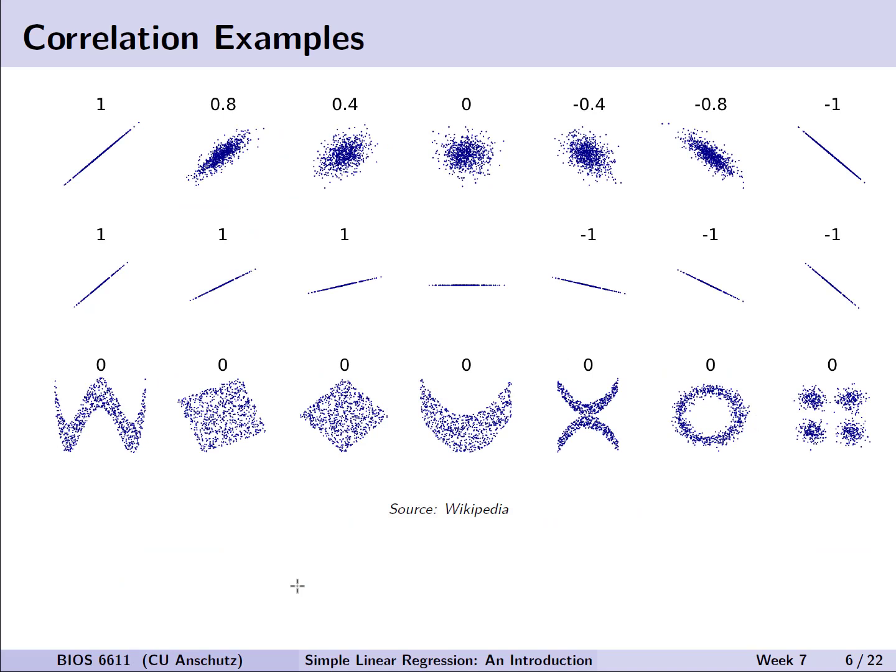Here are some examples of correlation just to get an idea of the general sort of trend we might expect to see from Wikipedia. And there's a few things we can note based on walking through these different rows. In the top row, we see some trends of correlation based on just an increasing amount of variability. If we start at the far left, we see this perfect positive linear correlation because as x increases, y also increases, and it's in a perfect linear line.